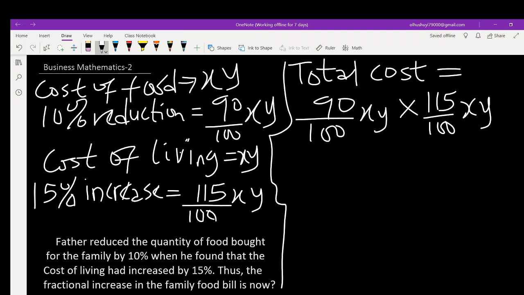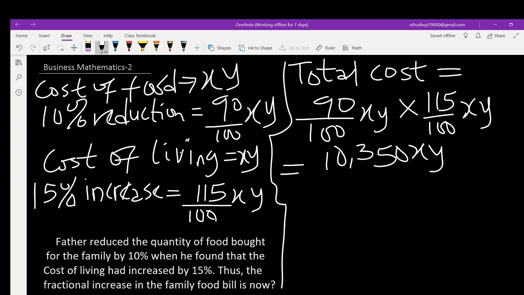We multiply that. We have 90 times 115, which should be equal to 10,350 divided by 10,000. 10,350 XY.